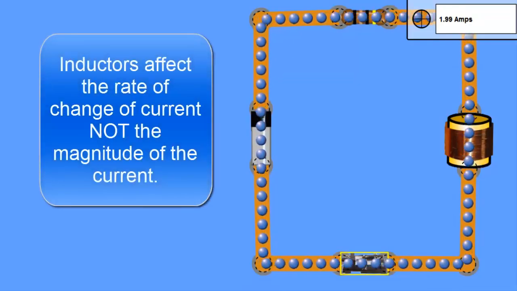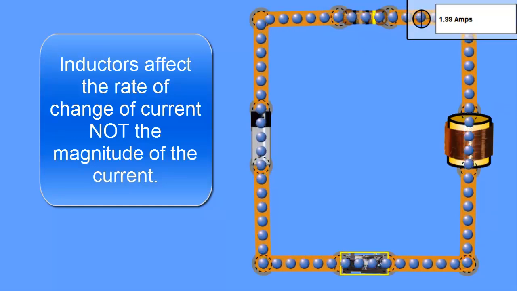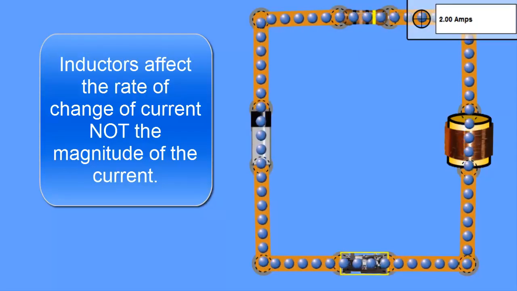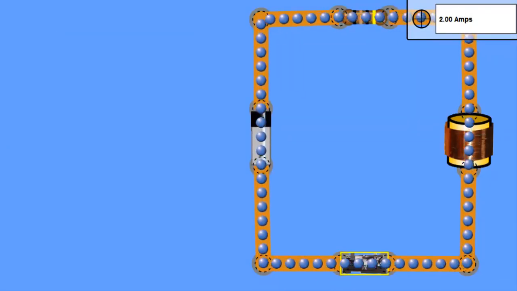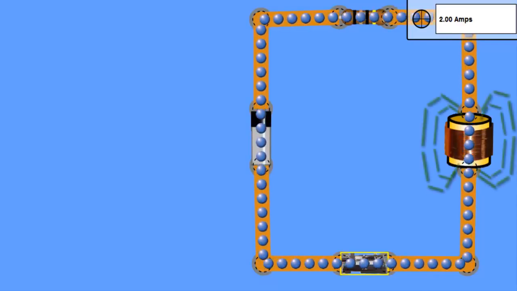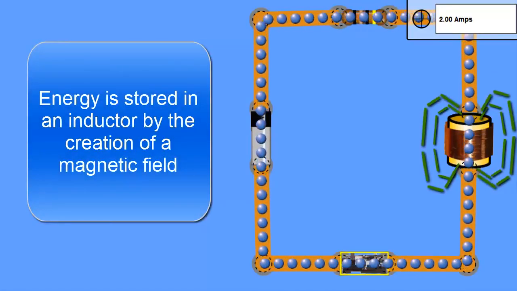And that's one of the properties of inductors. Inductors prevent instantaneous changes in current in a circuit. They do this by creating a magnetic field that stores energy. The magnetic field moves in a way that prevents the current from changing instantly.